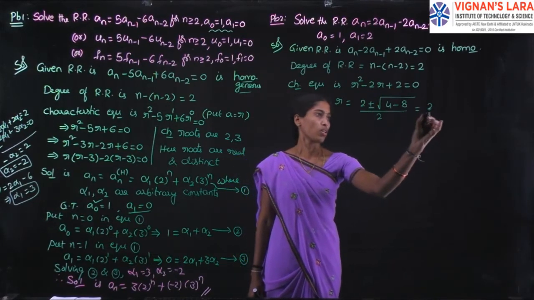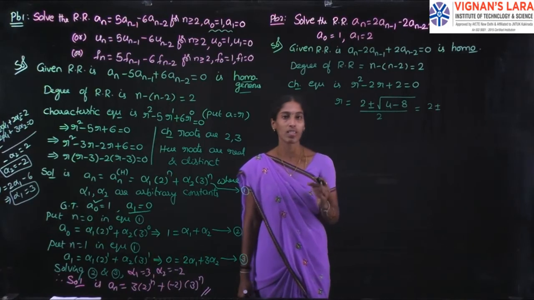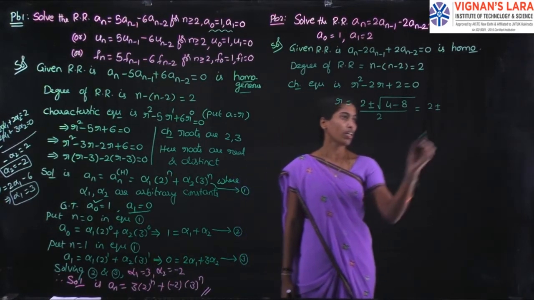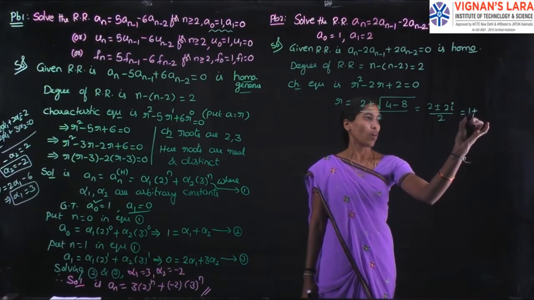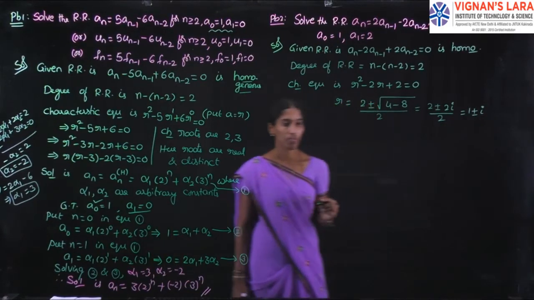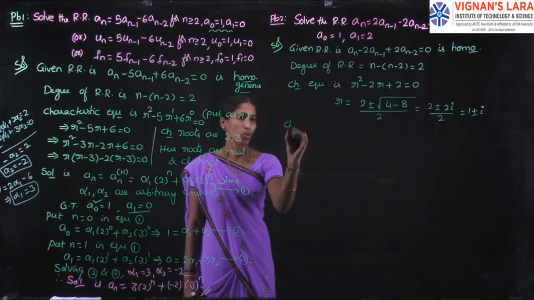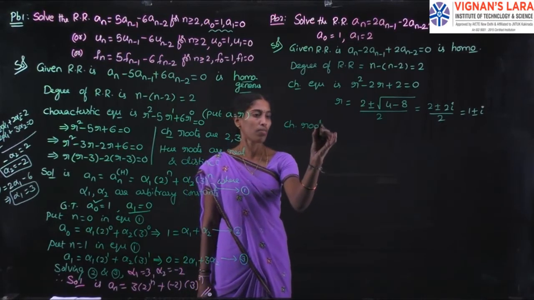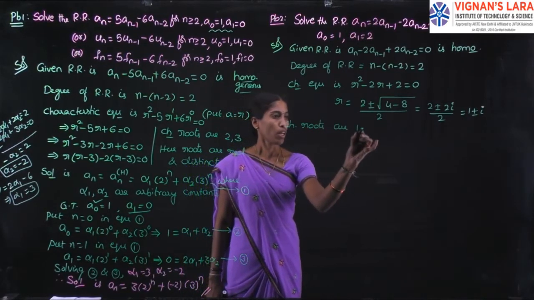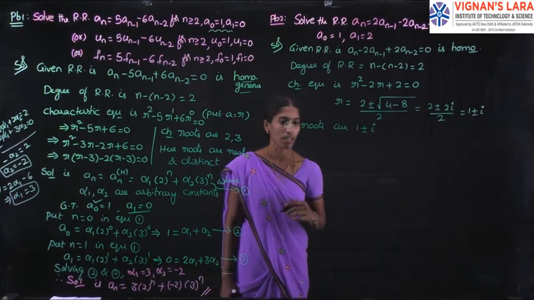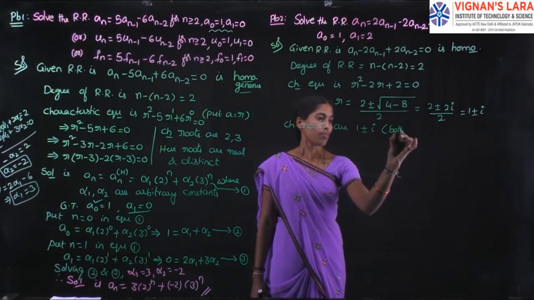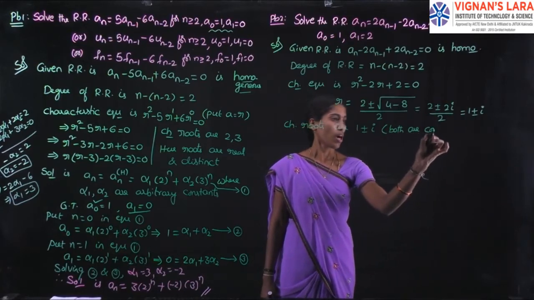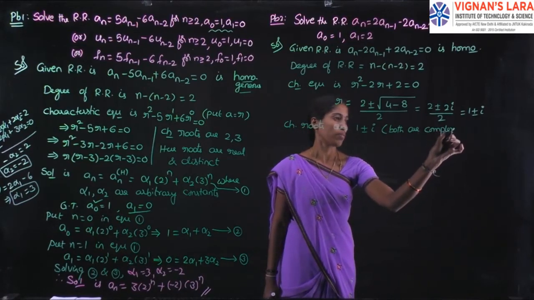It is 2 plus or minus, inside the square root minus, here we are getting, so it is 2i by 2, which is 1 plus or minus i. So, characteristic roots are 1 plus or minus i, right? Both are complex conjugate pair.